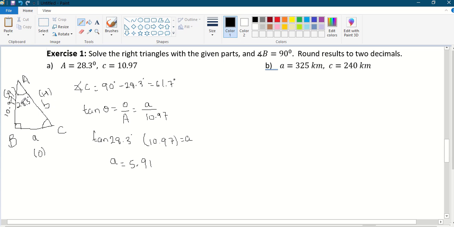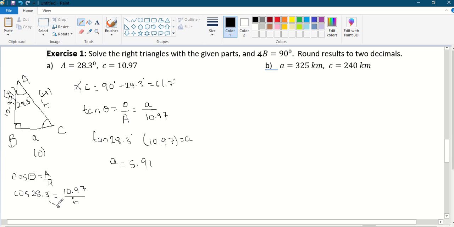So from 28.3, this is the hypotenuse, this is the adjacent. The one which connects adjacent and hypotenuse is cos theta. So I'll say cos theta equals adjacent over hypotenuse. In our case, cos 28.3 degrees equals adjacent 10.97 divided by hypotenuse b.